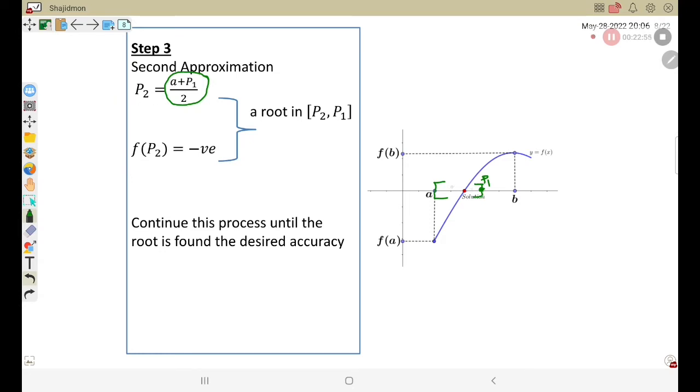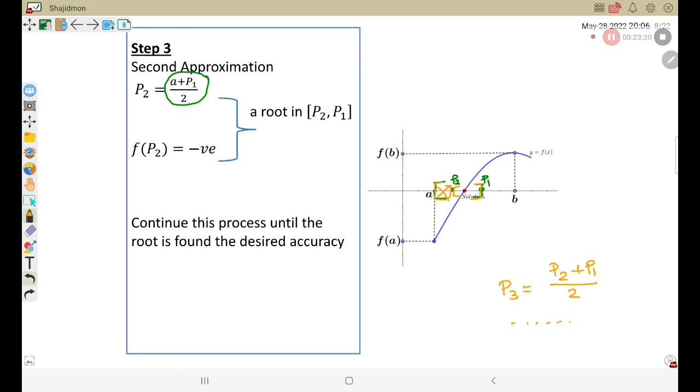For example, I am taking p2 here. Again we get two intervals, a to p2 and p2 to p1. Which interval will the computer take next? This interval it will not take, because there is no graph there. So for the next approximation the computer will take p2 plus p1 divided by 2. This is what we call p3.